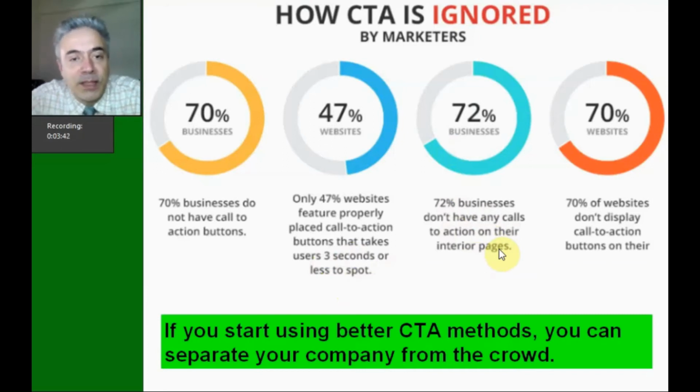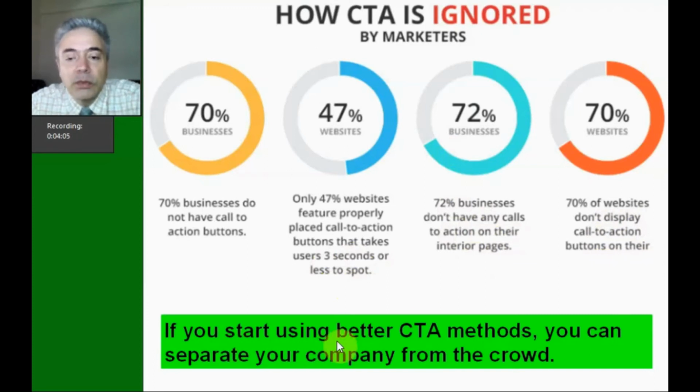Sometimes you see a web page that has too much of it, right? In the beginning, the middle, and then 75% of the page, in the end of the page. When you try to close the page, it just pops up another button. So maybe that's too much, but you don't have to put just one, right? 70% of websites don't display call to action buttons on their pages. They don't put it at all, right?